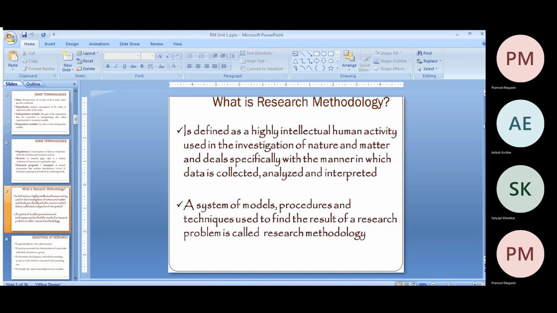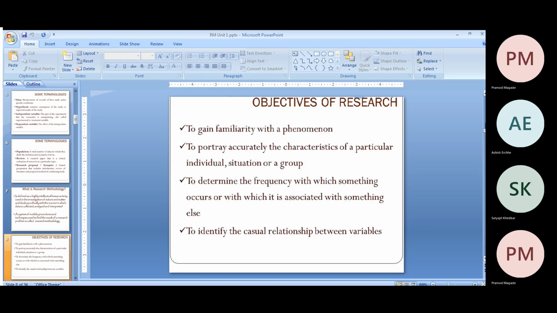Some terminology we have seen. Now, objectives of research. This is very important, because students define the objectives and lastly they change the objectives, so it is of no use. Why do they change them? As per consideration. Suppose they have defined the objective that they are going to use software for FEA analysis, and at the time of working on that research problem, they realize that FEA analysis is very difficult.